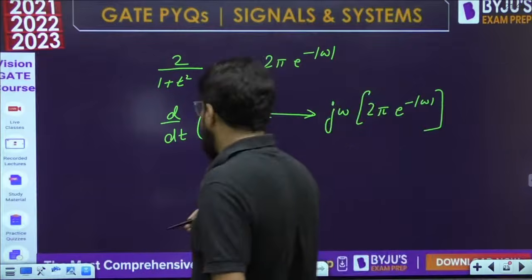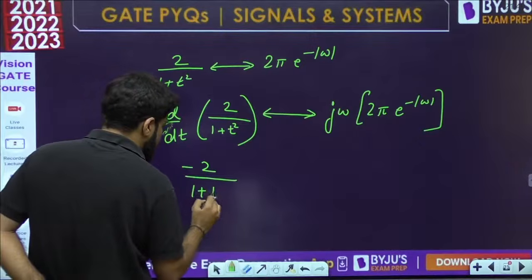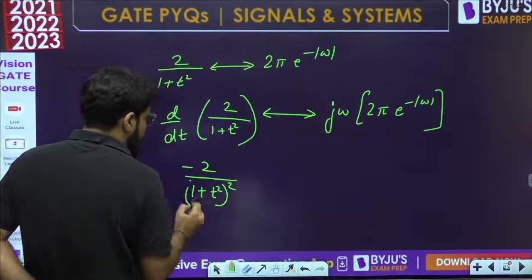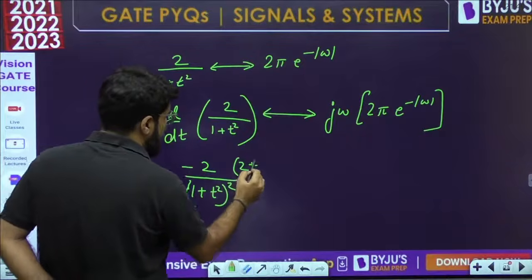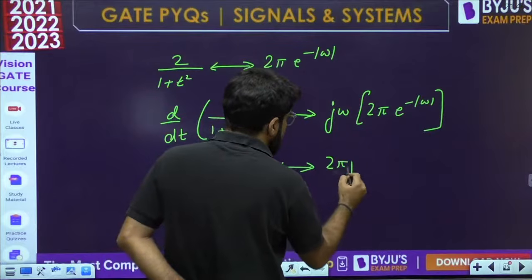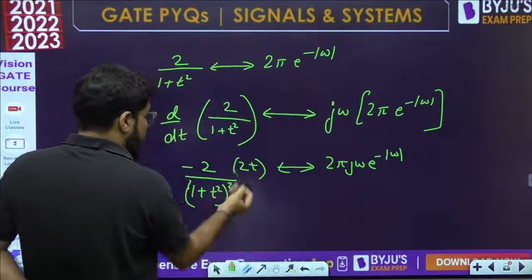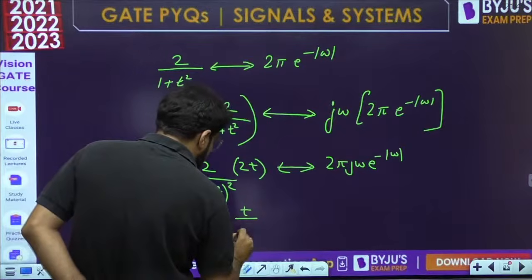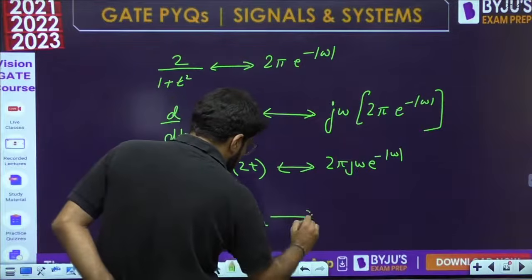Now we are almost done, because the derivative of 1 by x is minus 1 by x square, but with the chain rule, the derivative of 1 plus t square is 2t. So this has the Fourier transform 2 pi j omega e power minus mod omega. One of the two will get cancelled. For t upon (1 plus t square) whole square, what is the Fourier transform?